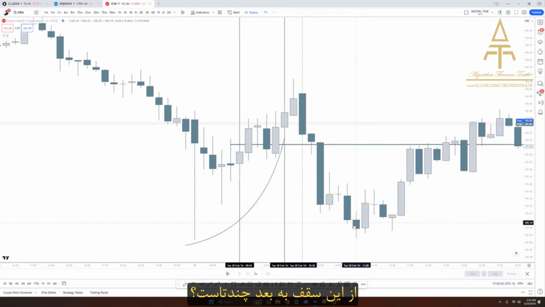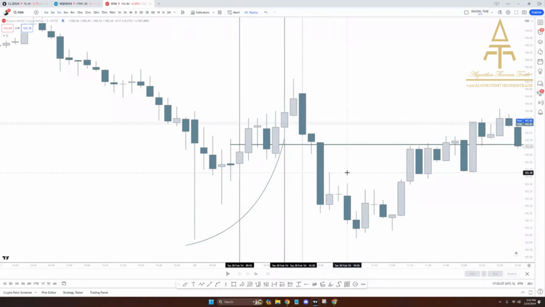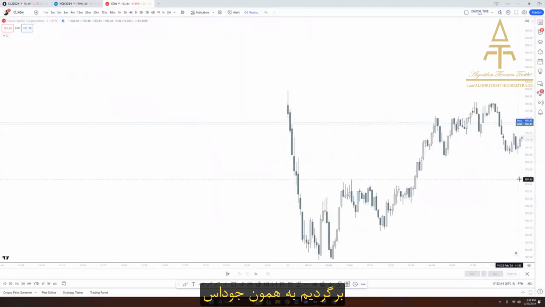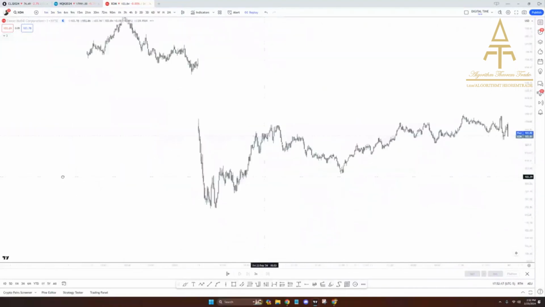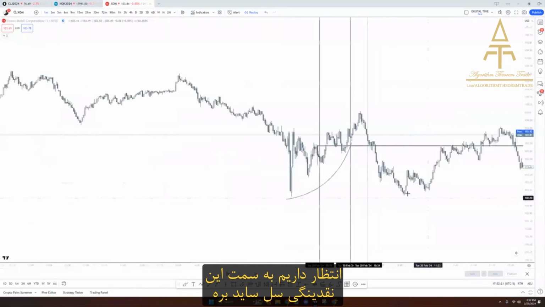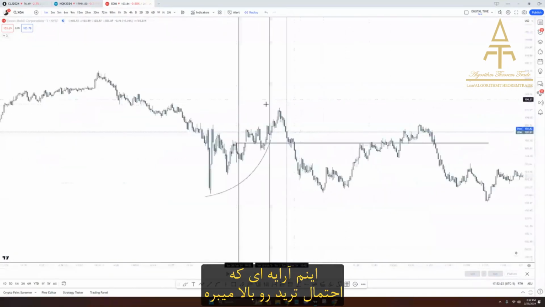How many off this high before it starts to push back up? But when it comes to that Judas, you're to expect a move towards that engineered sell side right here. Hits the PD array, high probable trade.